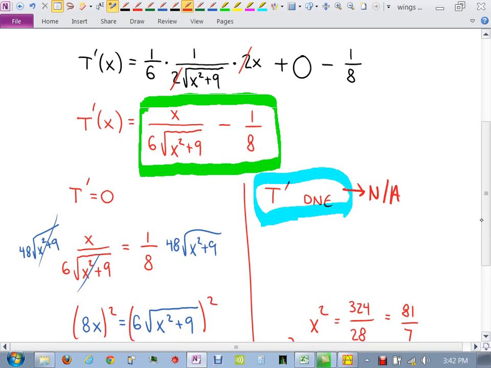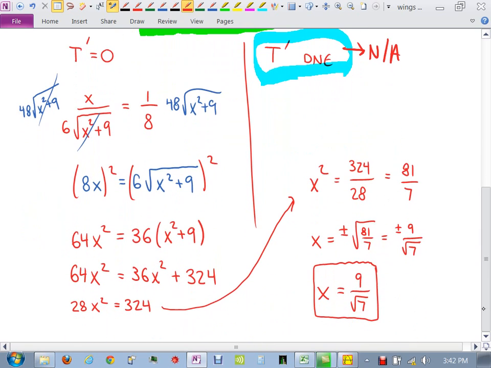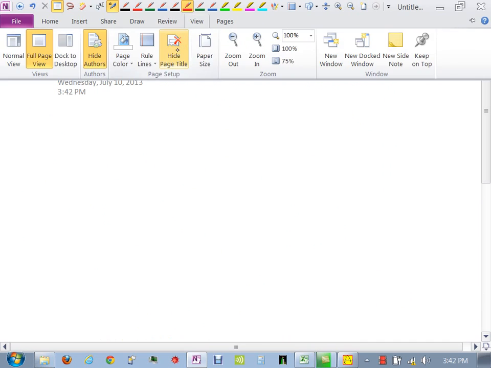So what's the only number I'm going to plug into the function to test here? 9 over root 7. And here I go. So I don't want f of 9 over 7. I want t of 9 over root 7. I said 9 over 7, 9 over root 7. And now I go back and figure out where t was.